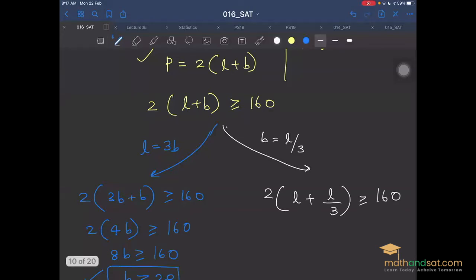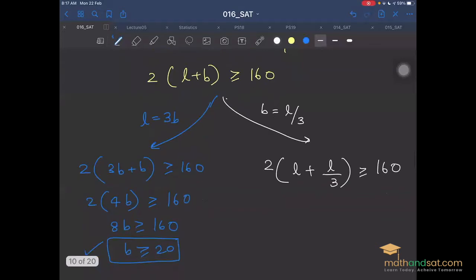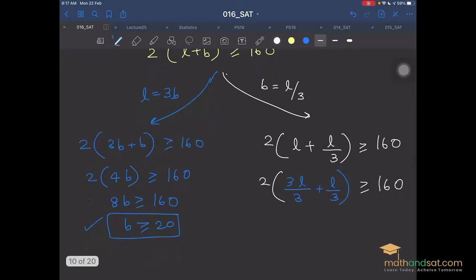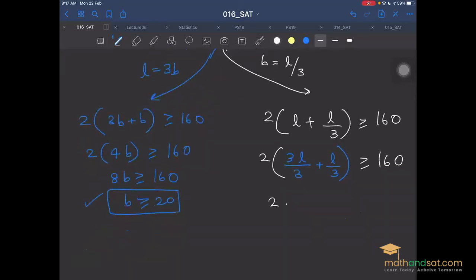So let's simplify the expression on the LHS. This is 2 times. We can write L as 3 times L by 3, plus L by 3, is greater than or equal to 160. Now 3L by 3 plus L by 3 is going to be 4 times L by 3 greater than or equal to 160.